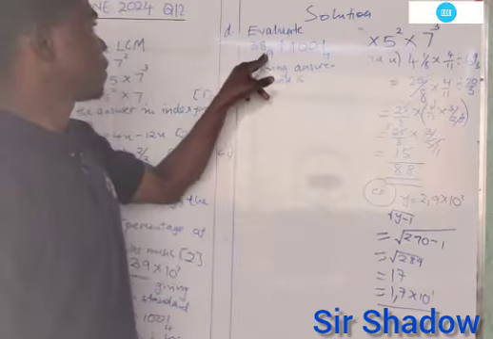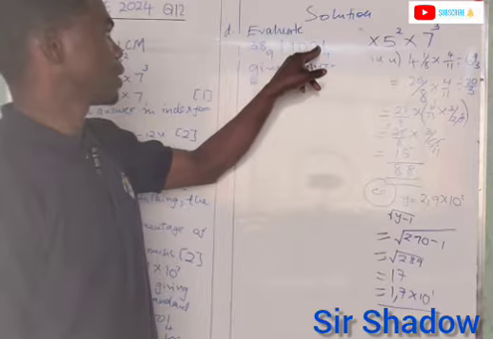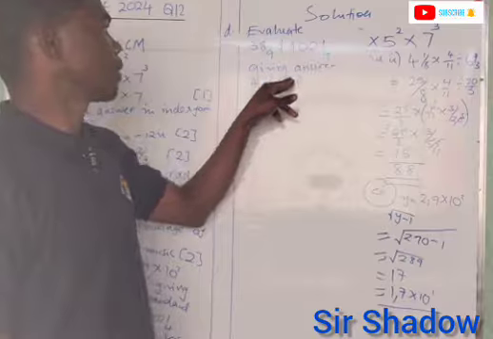So we want to evaluate 38 base 9 plus 1001 base 4, give your answer in base 5.